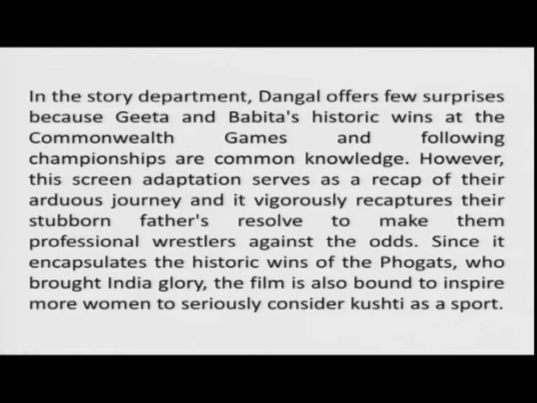Stubborn father. Again look at the adjective stubborn, to make them professional wrestlers against the odds. All these adjectives and adverbs clearly lay emphasis on the hard efforts put in by the father. So, the contrasting linker and the choice of vocabulary clearly try to highlight the plus points of the movie.